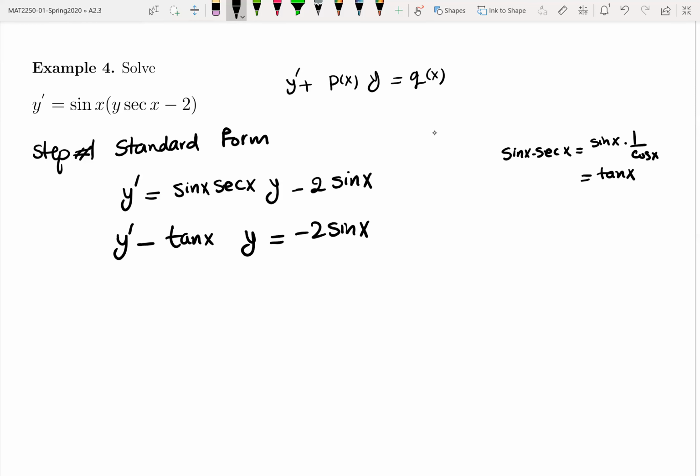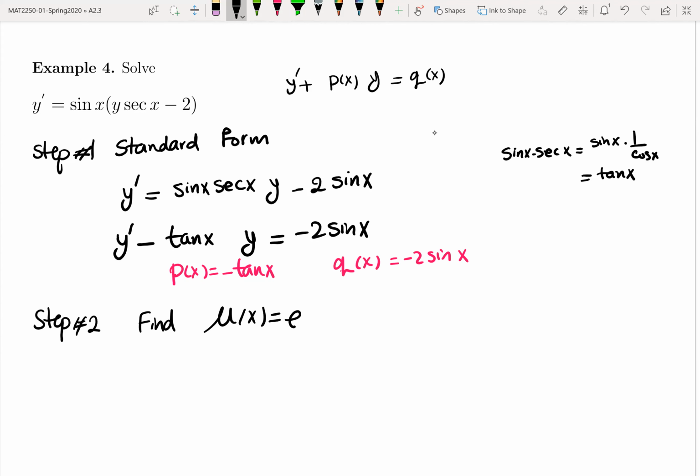Okay. So yes, this is P of x, and this is Q of x, and then I just need to integrate. So step number 2, find mu of x, which is e to the integration of P of x dx.